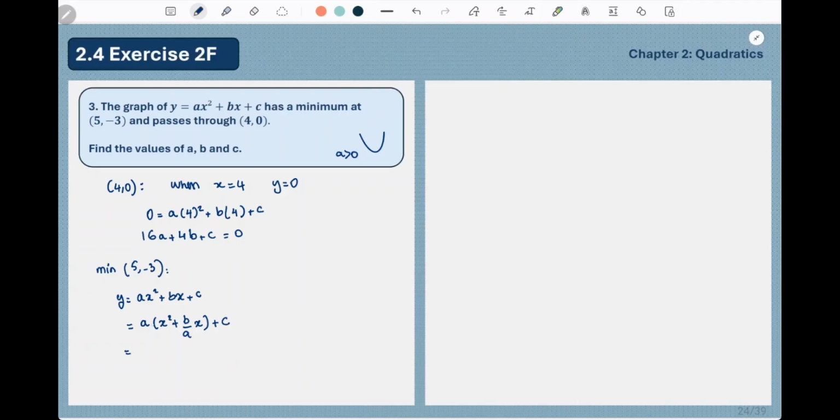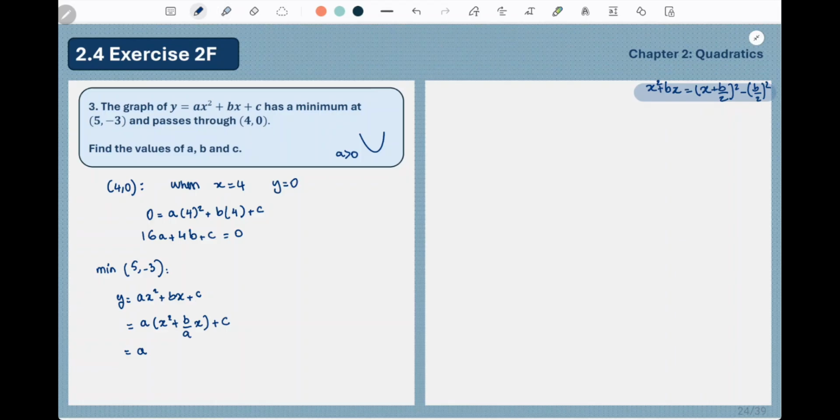So we're factorizing by a and we're leaving c alone. And then this is the one that we're going to apply. We know generally if we have x squared plus bx, completing the square will be (x plus b over 2) squared minus (b over 2) squared. So this is how you complete the square.